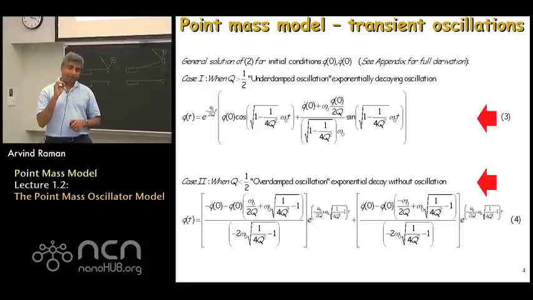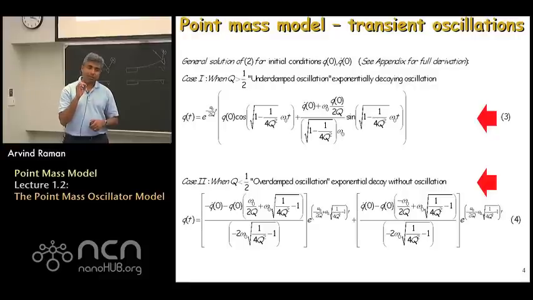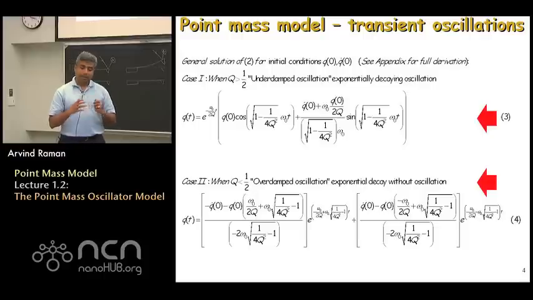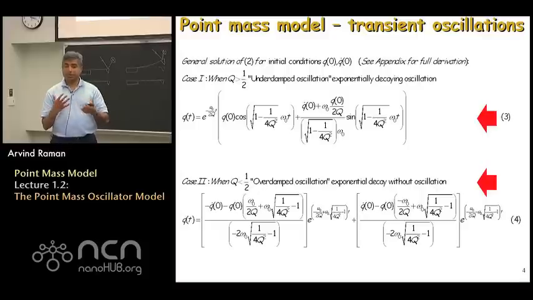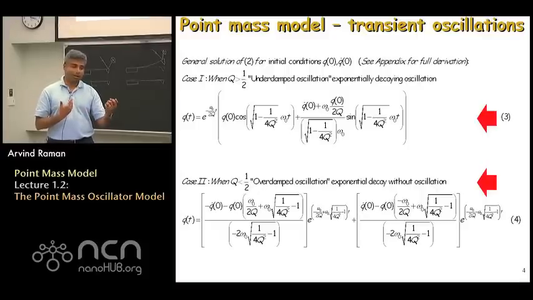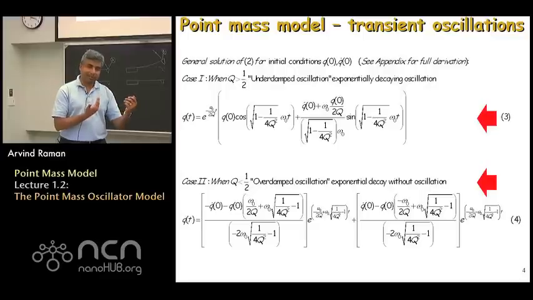To understand the mathematical nature of these two equations, if you look at equation 3, there is an exponentially decaying term that lies outside the parentheses. And inside the parentheses, you've got a combination of a sine and a cosine of the same frequency, which of course can be combined and written as a sine wave of the same frequency, but with some phase shift.